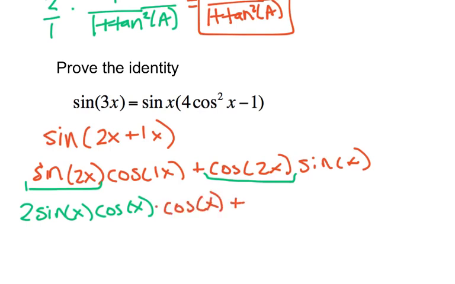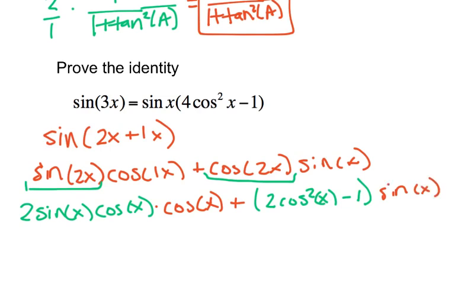And then to that we're going to add cosine of 2x, which is going to be replaced with 2 cosine squared of x minus 1. And then of course the sine of x from the previous.